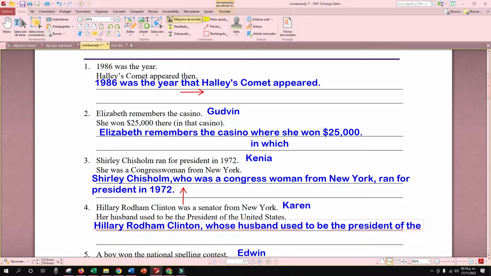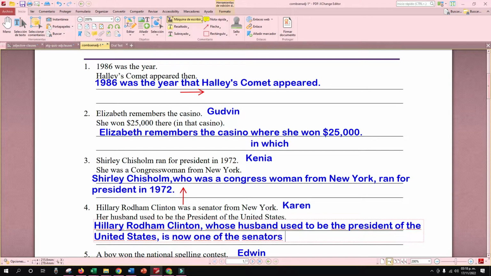Of the, this is long, right? United States, right? The United States is now one of the senators.